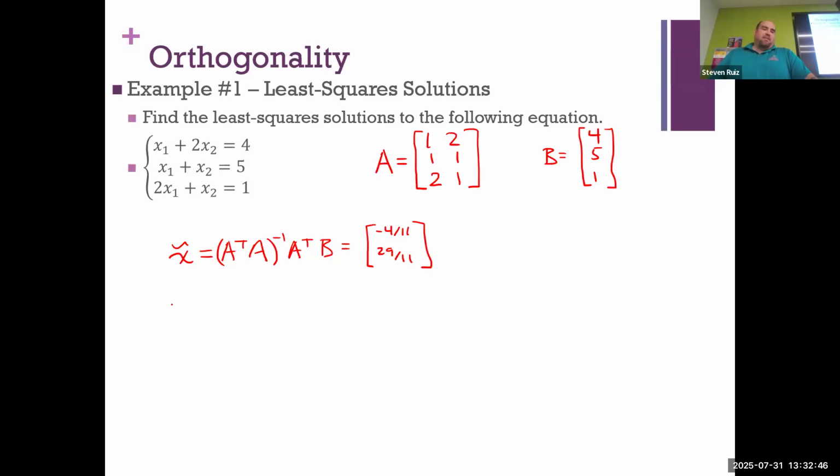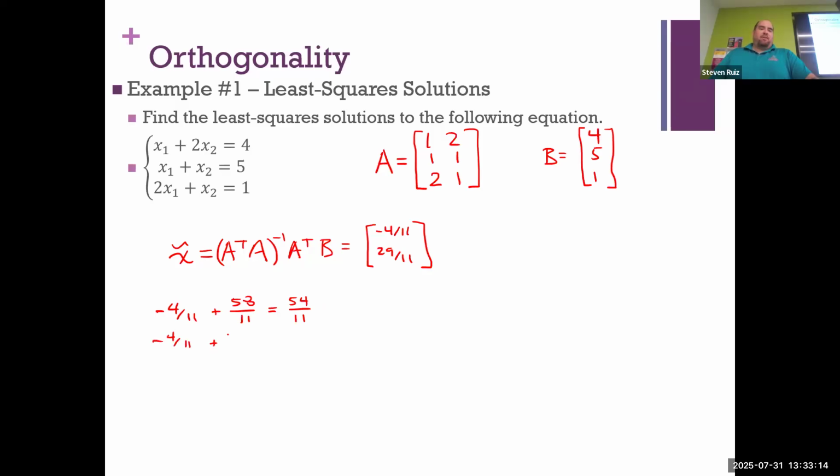All right, let's just look at it. If I plug these into my first equation, I get negative 4 over 11 plus 58 over 11. That's 54 over 11, a little bit less than 5.